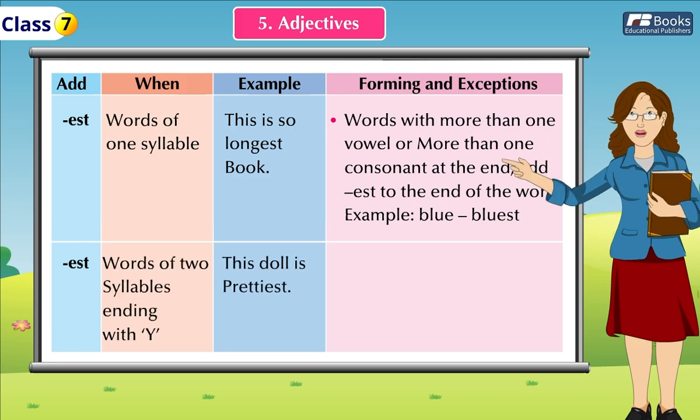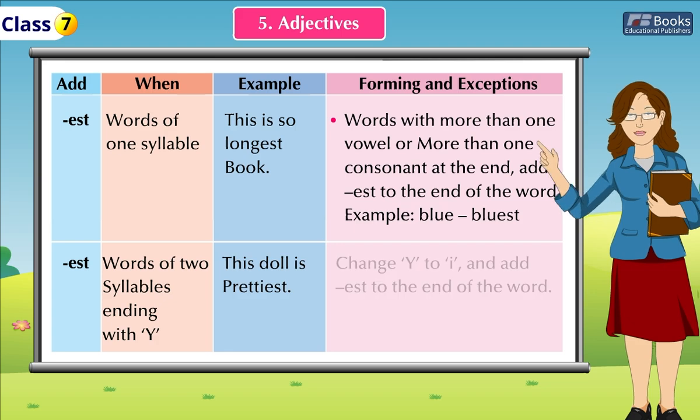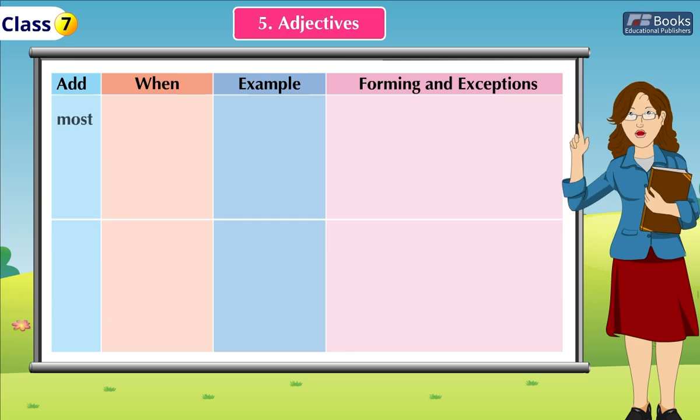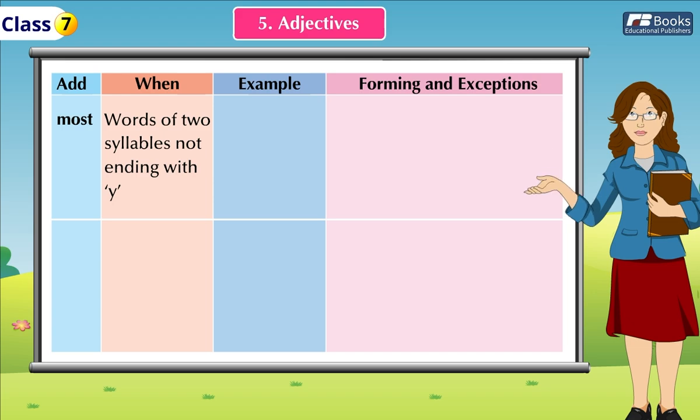Add est when words are of 2 syllables ending with y. Example, this doll is prettiest. Forming and exceptions: change y to i and add est to the end of the word. Add most when words are of 2 syllables not ending with y. Example, he is the most charming boy at school.